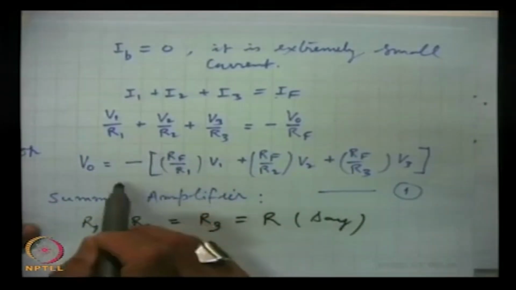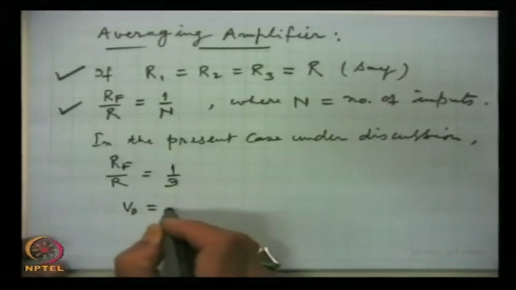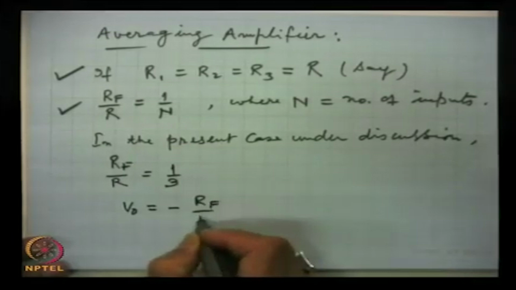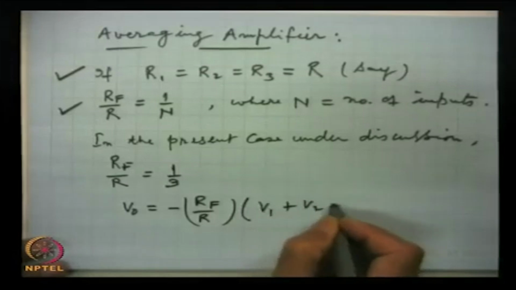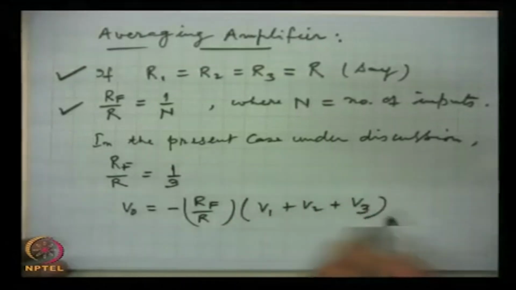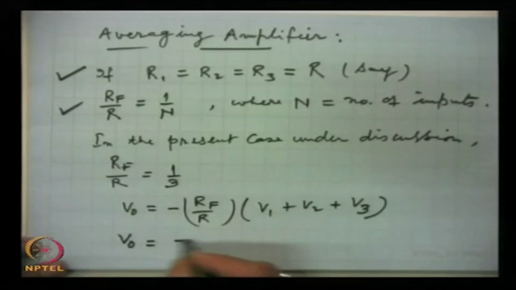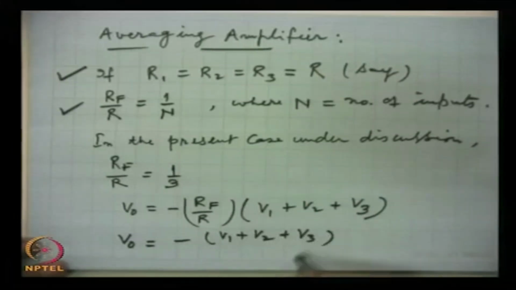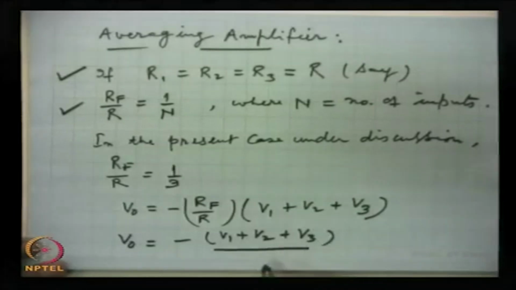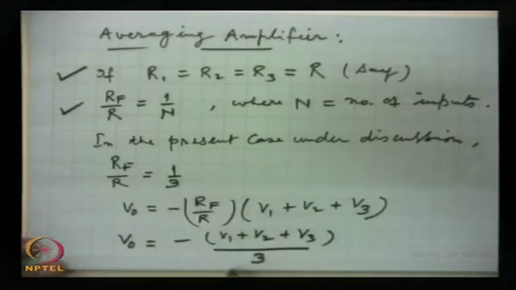So obviously V0 is minus Rf by R into V1 plus V2 plus V3, and since Rf by R is 1 by 3, V0 will be minus V1 plus V2 plus V3 by 3.